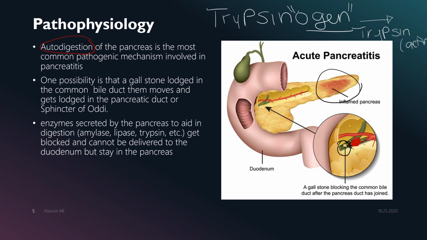My next slide goes into that, where it talks about trypsinogen, but I always want to highlight this word right here. Once we talk about the activation of trypsinogen into trypsin, it's going to start to autodigest or self-eat the pancreas.